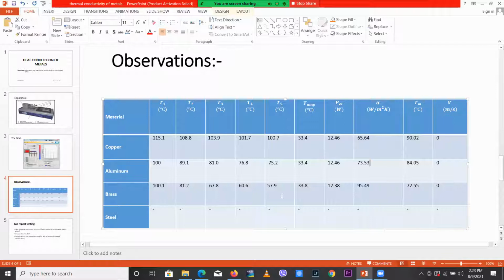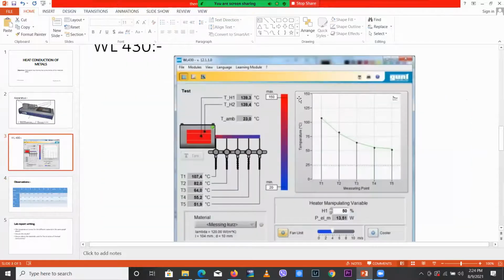So this is your data, and simply you can plot the temperature curve. You have to mark 0, 25, 50, 75, 100. You can mark each point, and on the y-axis you can mark the temperature, and plot the graph.